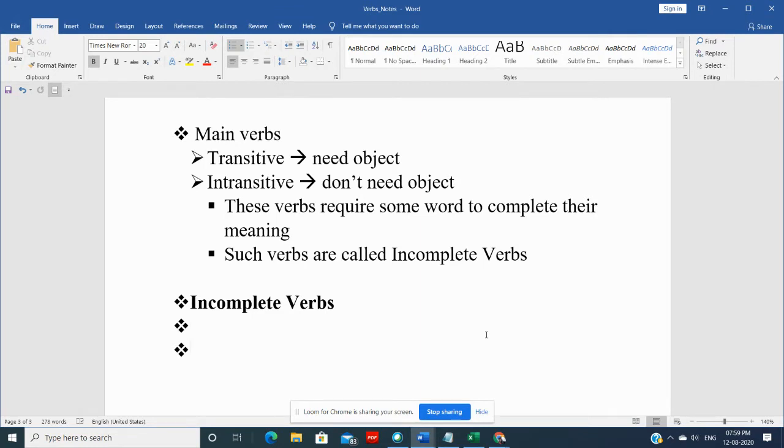Before we start, let's look at some sentences. First of all, if I just write, "She looks." Now look at this sentence. It doesn't make any sense. So this is incomplete. Now, if I write, "She looks happy."